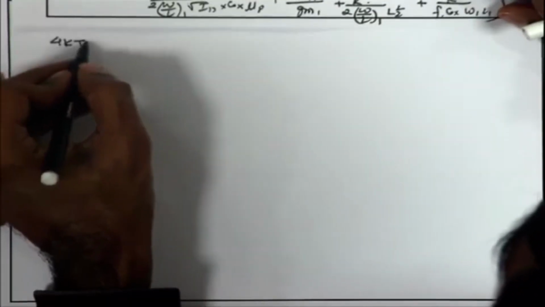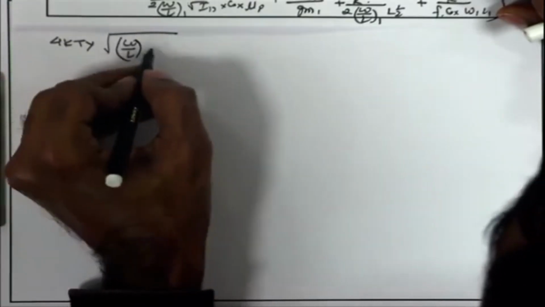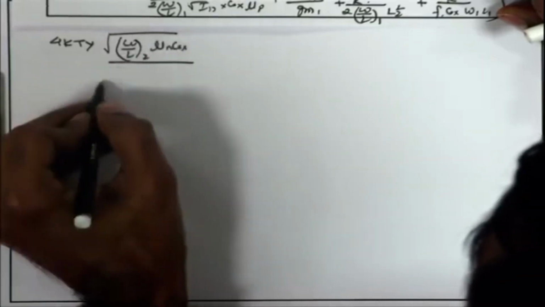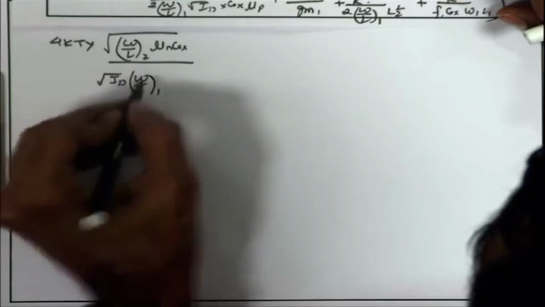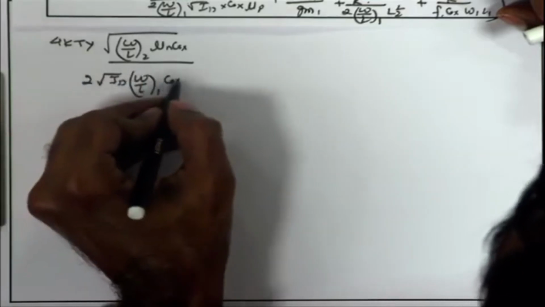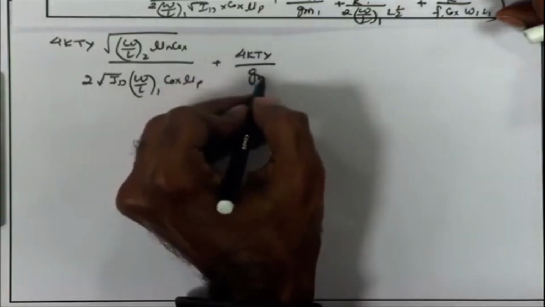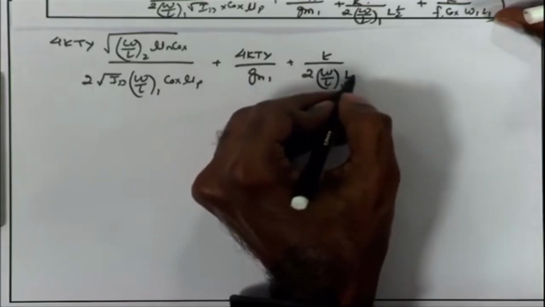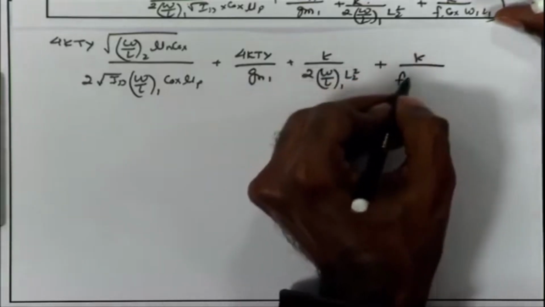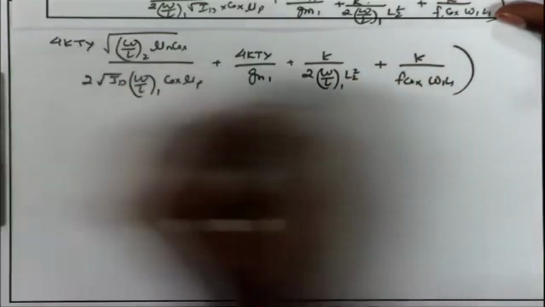So, here once again 4 kT gamma W upon L2 mu N COX upon root under ID W upon L1 2 COX times mu P plus 4 kT gamma upon GM1 plus K upon 2 W by L1 L2 square plus K upon f COX W1 L1.